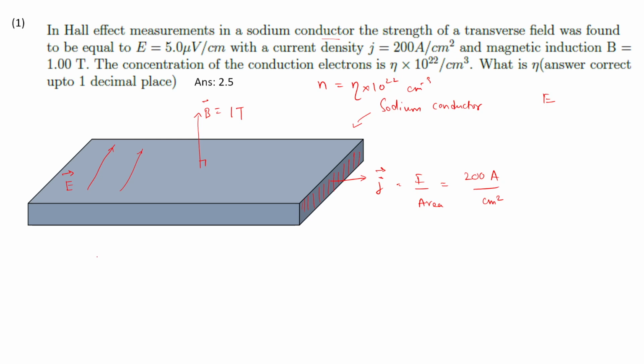So the way we do is this. Let us imagine that there would be an electron. Since current is going in this direction, that electron would have been traveling like this, and because of the presence of the magnetic field, it will experience a force. So this will experience a force due to the magnetic field in this direction, F magnetic.